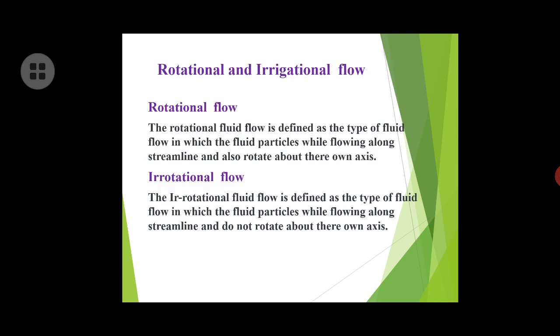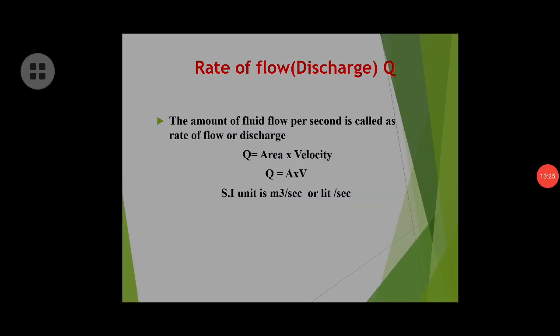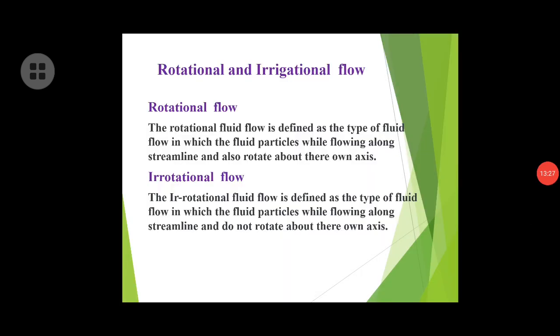Next is rotational flow and irrotational flow. Rotational flow is defined as the type of flow in which fluid particles, while flowing along a streamline, rotate about their own axis. Similarly, irrotational flow is defined as the type of flow in which fluid particles move along a streamline and do not rotate about their own axis.